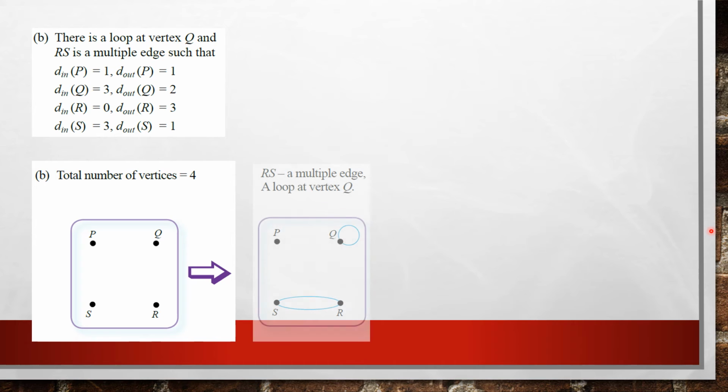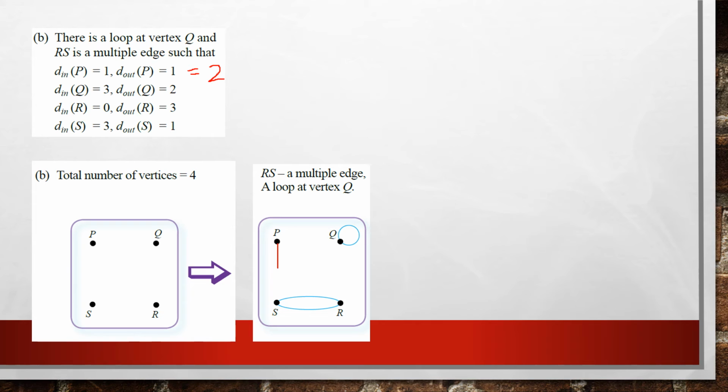You draw the loop at Q and also draw the multiple edge connecting RS. After that, you can draw degree in P is 1 and degree out P is 1. That means the total lines here should be 2. For degree P, you must have 2 lines.